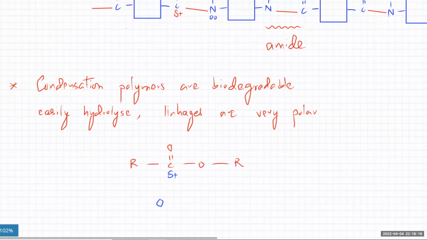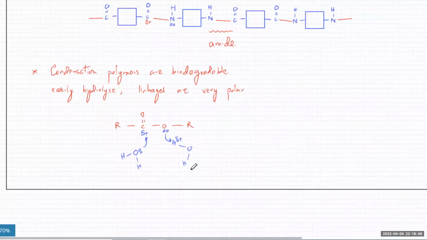So if there's a water molecule around, the lone pairs of the water molecule are going to get attracted to this positive carbon. Secondly, this oxygen has lone pairs, and the H in water has a slight positive charge, so it's going to get attracted to this oxygen. The bonds will break. These linkages are extremely reactive and tend to hydrolyze very quickly.